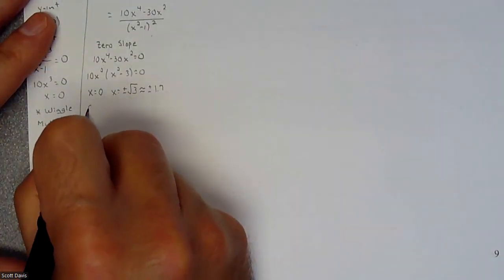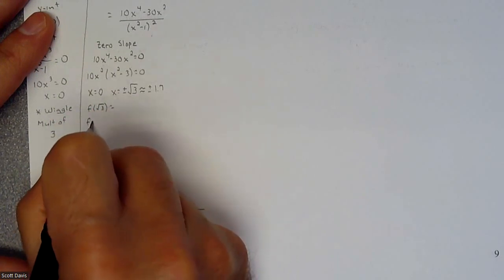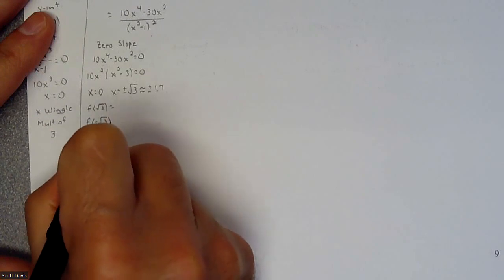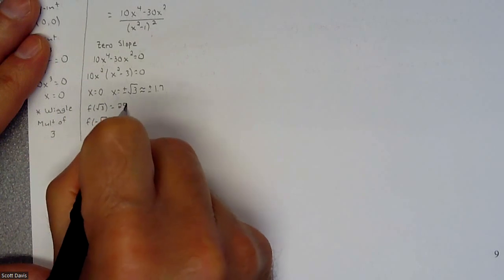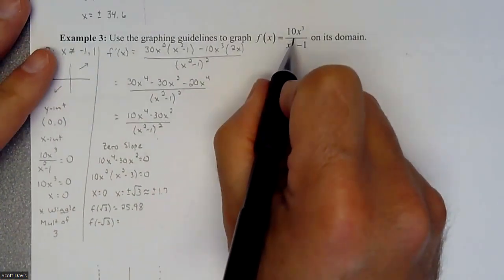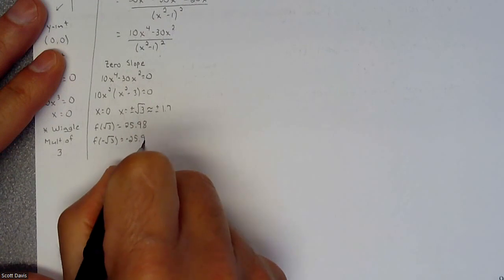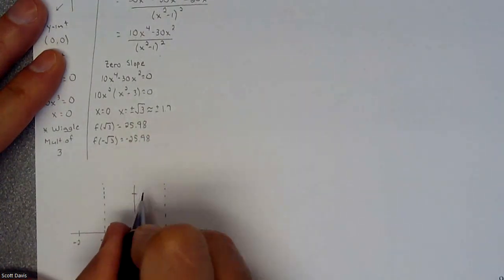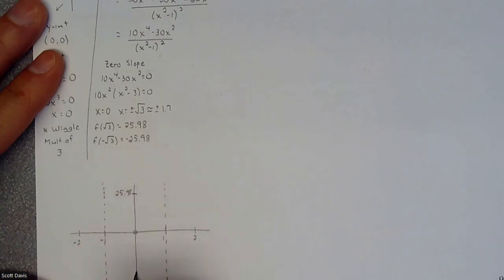So let me go ahead and plug in and find some y values to this. If I plug in positive root 3, I get 25.98. And if I plug that into the original, I would get negative 25.98.